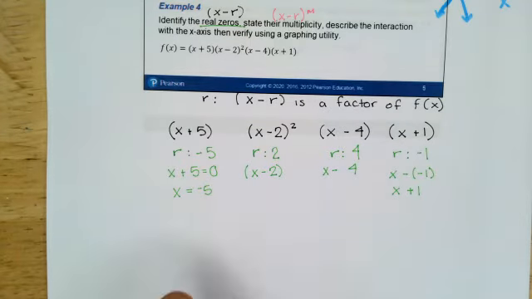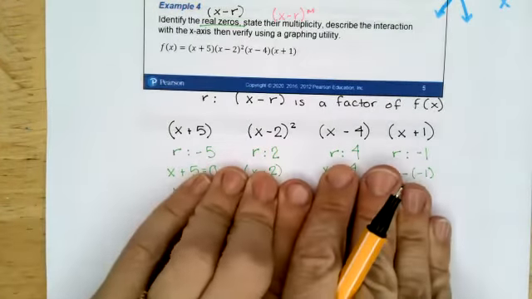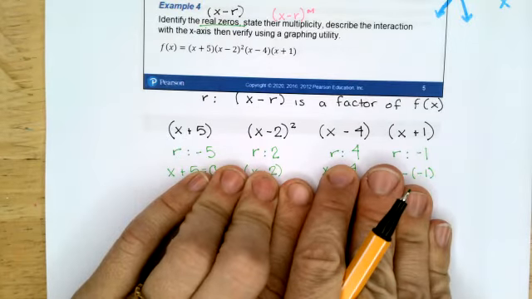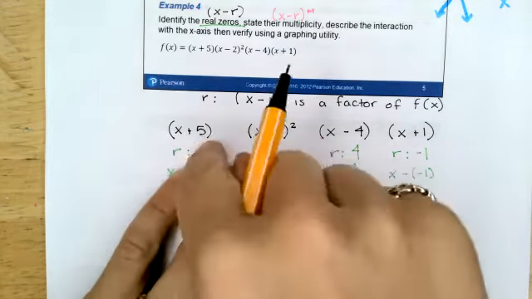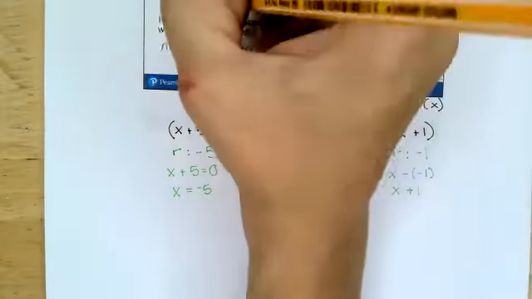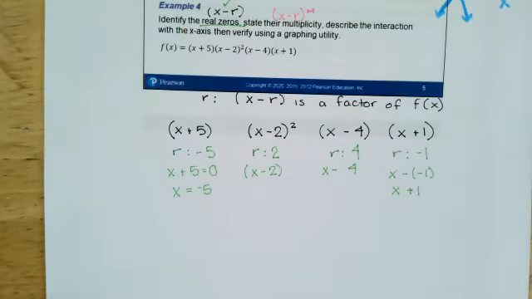Good? So you're just changing the sign of that factor to find r. Here the r is negative 5, here the r is positive 2, here the r is 4, here the r is negative 1. Those are our real zeros.